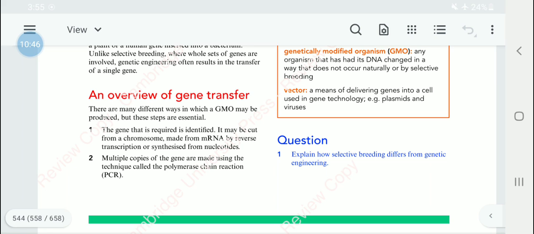Then we use the polymerase chain reaction. You don't actually have to know great details about how the process is carried out, but you need to remember the steps. We use a technique called polymerase chain reaction, PCR, and that will produce multiple copies of the gene.